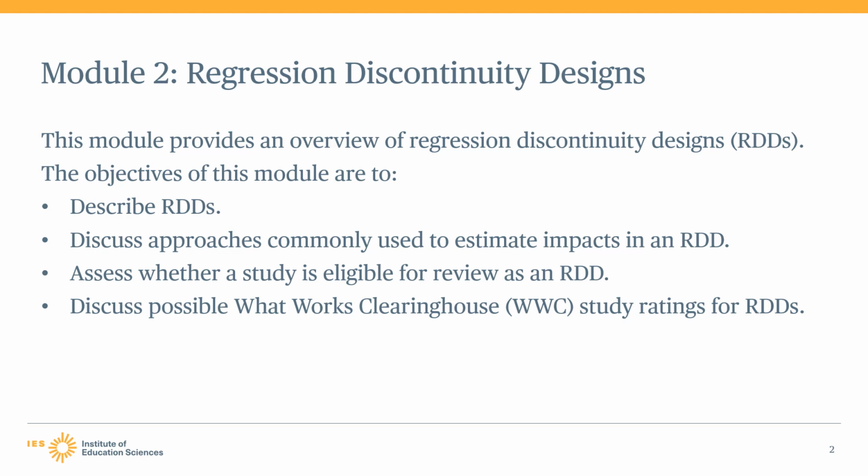After completing this module, you will be familiar with the general structure of RDDs and will be able to identify whether a study is eligible for WWC review under the RDD standards.